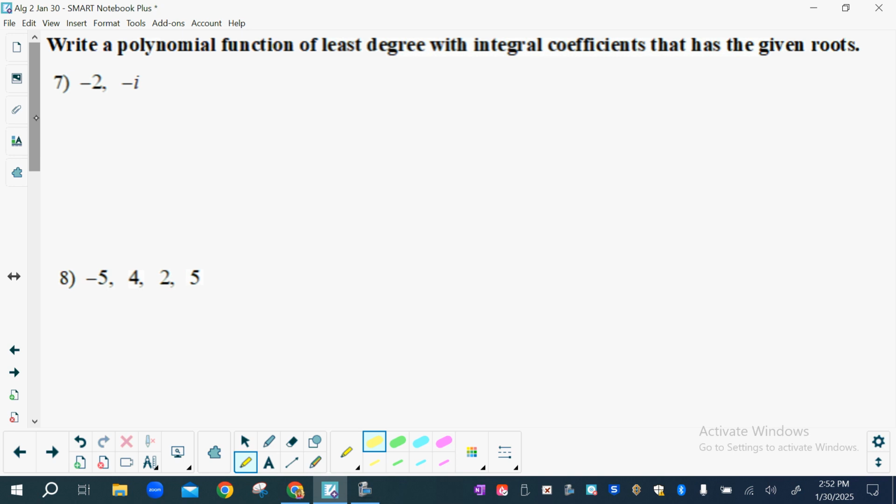So any additional roots for number 7? This group back here. That's right. So now you put it in factored form for me, that same group.